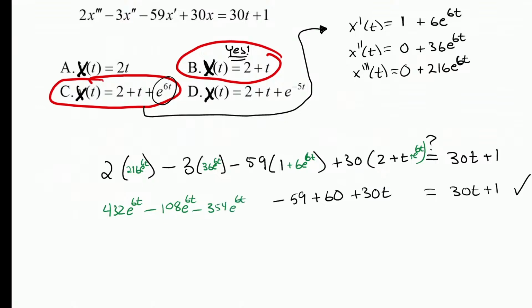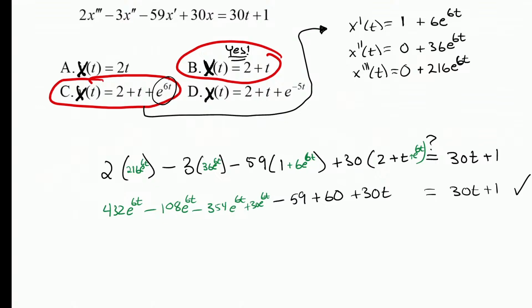It's supposed to be a 6 there. And then I've got this last one, which is plus 30 e to the 6t. Okay, let me just double check. Did I collect all the terms correctly? 59 times 6, if I'm right about that. I think that's right. Because 60 times 6 is 360, so that should be right. 3 times 36 is 108, and then 2 times 216 is 432.